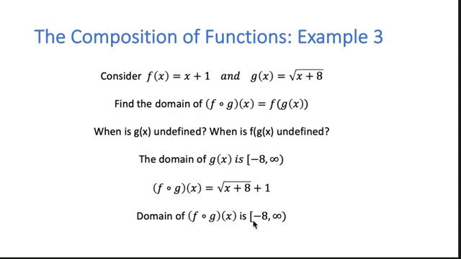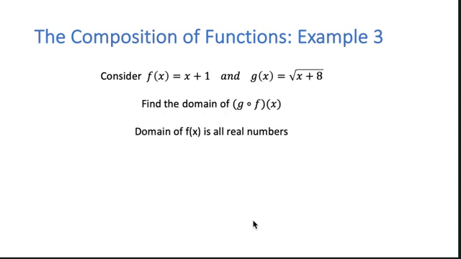Now let's switch gears and look at the domain of g of f of x. We have to consider the domain of f of x, which in this case is all real numbers. And then we have to look at g of f of x. So in this problem, we're putting f into g. f is x plus 1, and that's going into the g function.